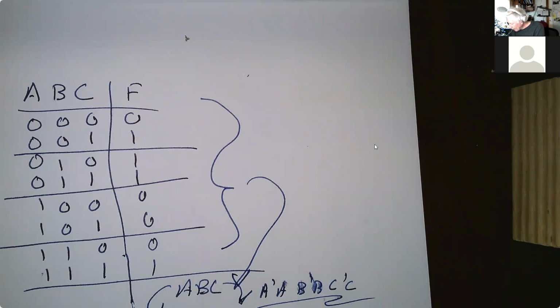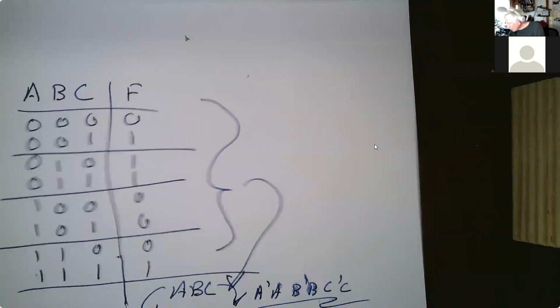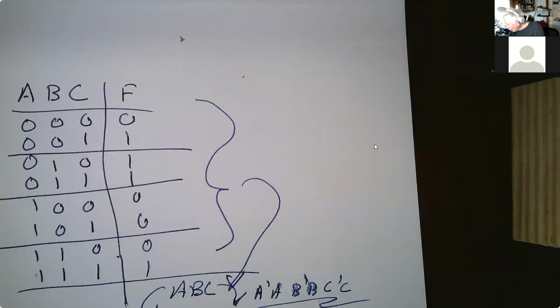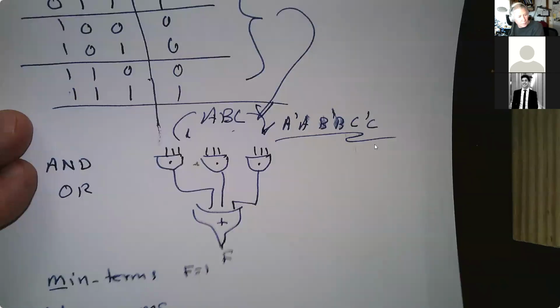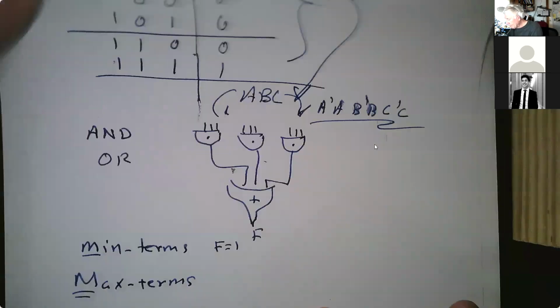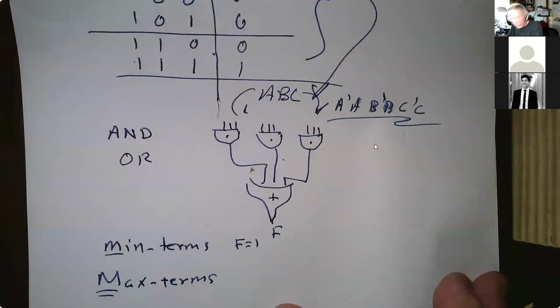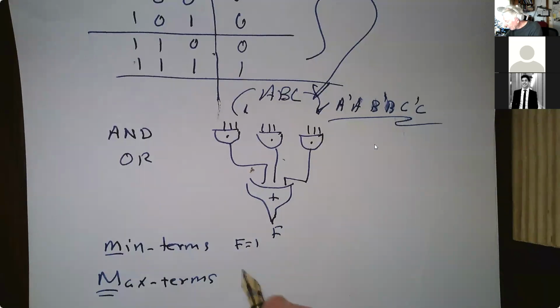I usually capitalize the M in max, and I usually don't capitalize it in min. The min terms are based on where F equals 1. And the max terms are based on where F equals 0.